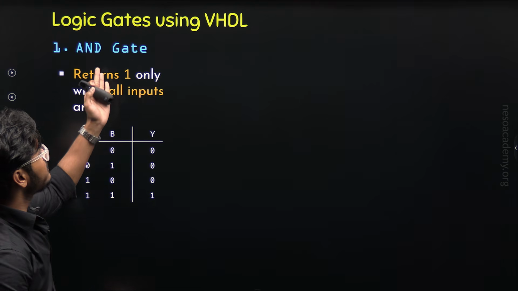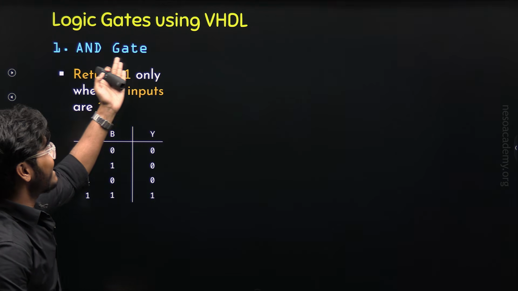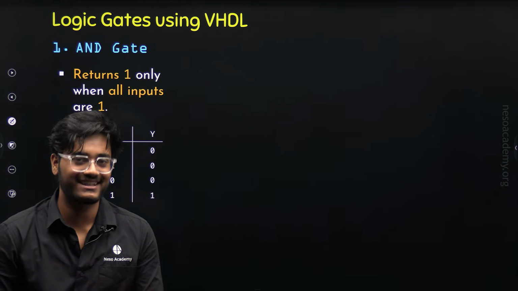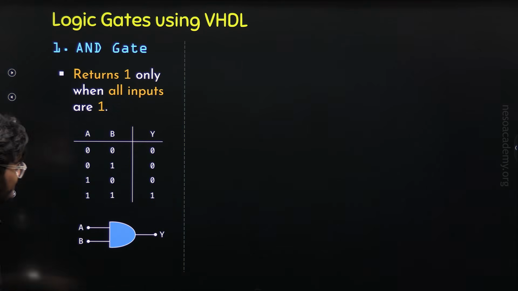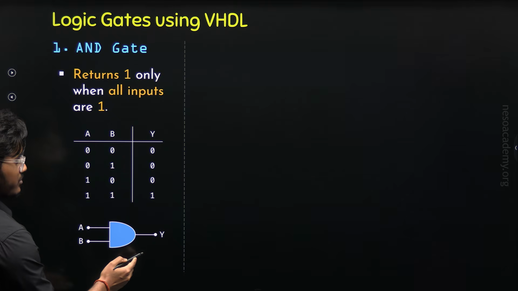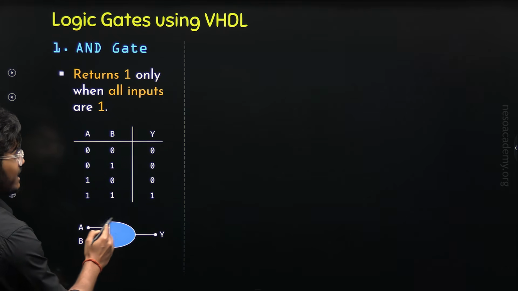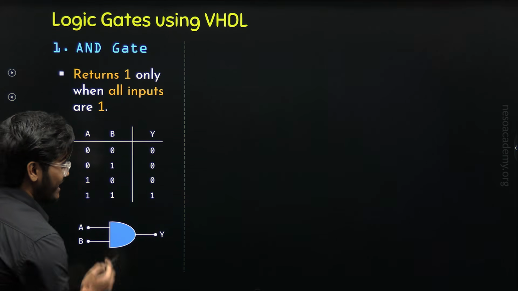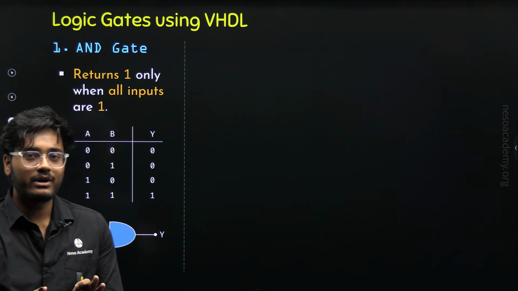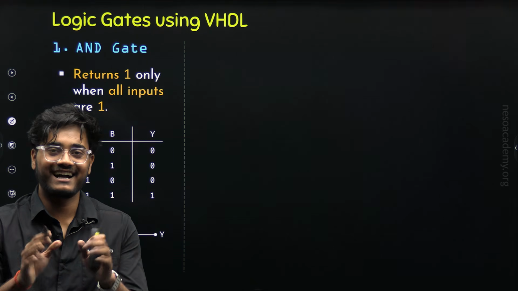Therefore, we are calling this gate the AND gate. And I hope you understand this. Now let's see the symbol for the 2-input AND gate. Now this is the symbol of the 2-input AND gate, which looks like a letter D. Here we have 2 inputs, A and B, and output Y. And I hope you understand what is the AND gate.